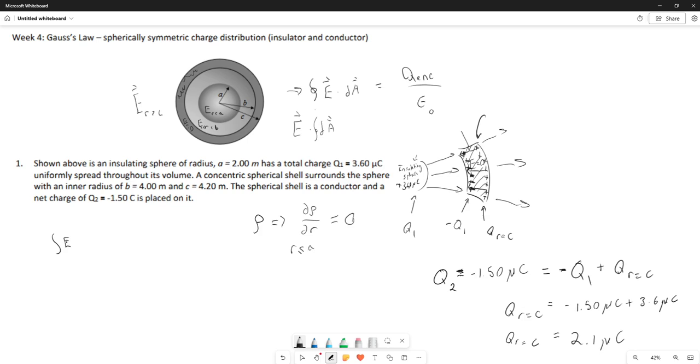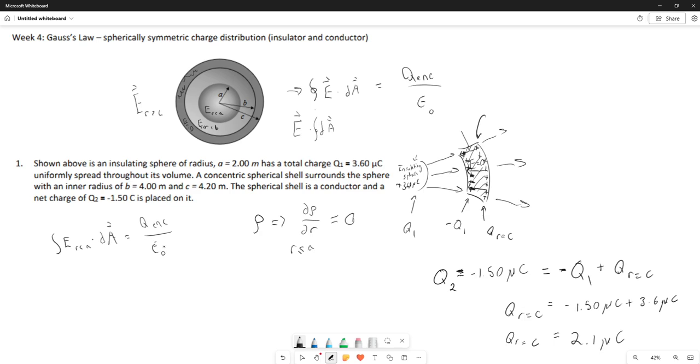So let's look at inside the insulating sphere. This would be the E inside, E for a radius less than A, dotted with our Gaussian area element, and that has to equal Q enclosed over epsilon naught.